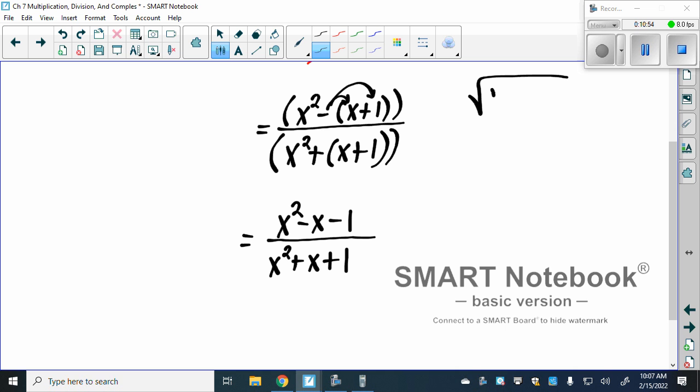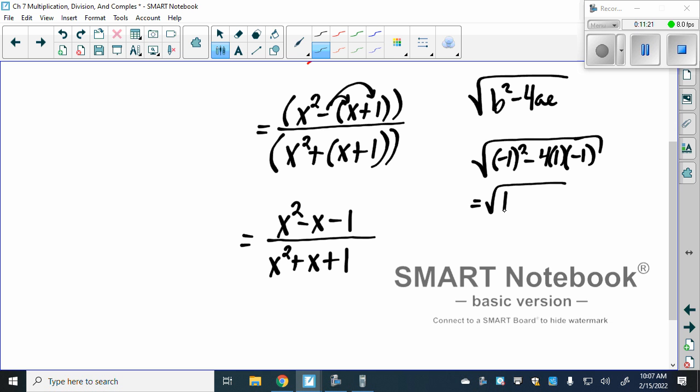We can check with the square root of b squared minus 4ac from the quadratic formula, because we know for this to actually work and have factors, this needs to come out to be a whole number and positive. Well, our value b for the numerator is negative 1 squared minus 4 times a times c. Well, 1 squared is 1 plus 4 is the square root of 5. Square root of 5 does not have a square root. So, okay, the numerator doesn't factor.